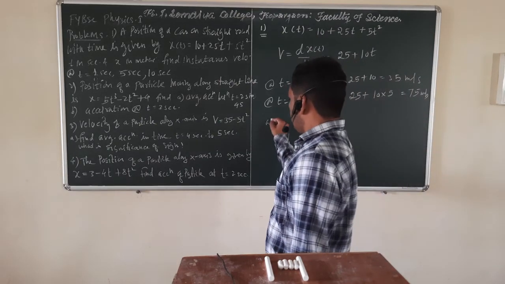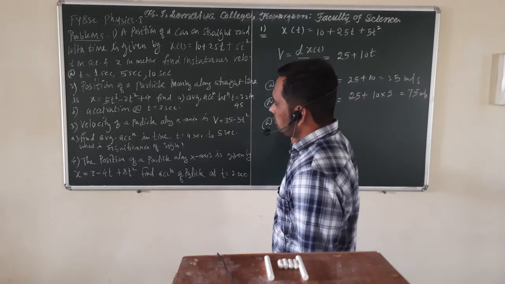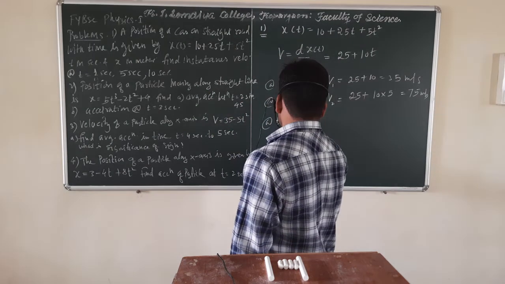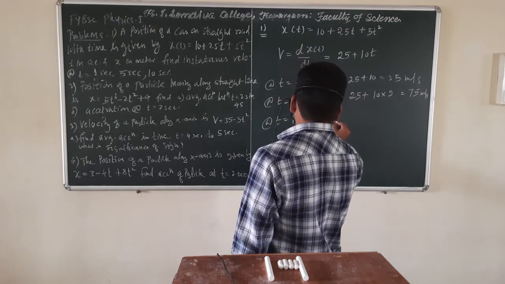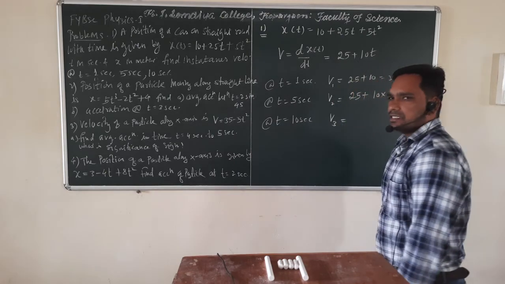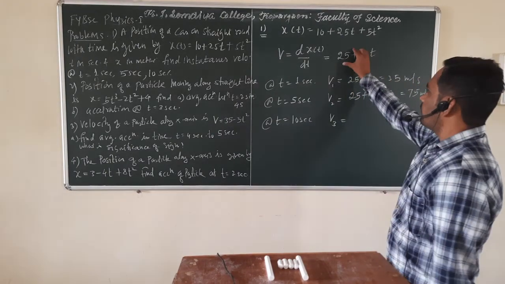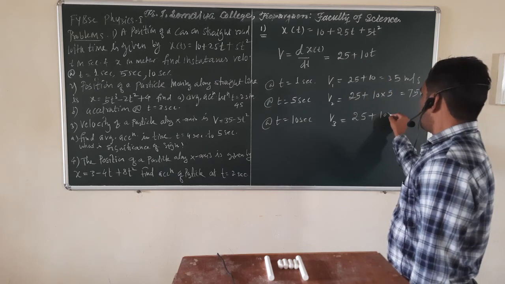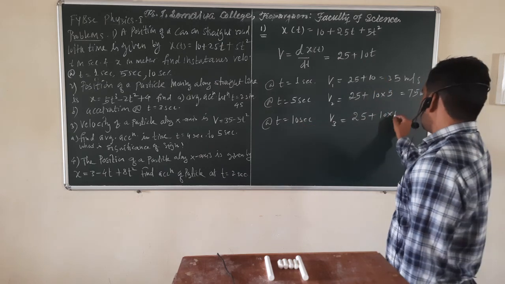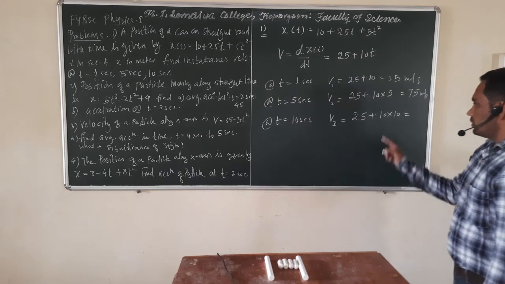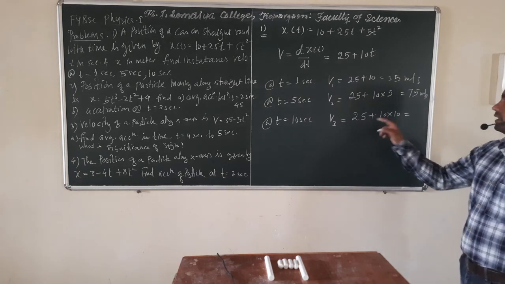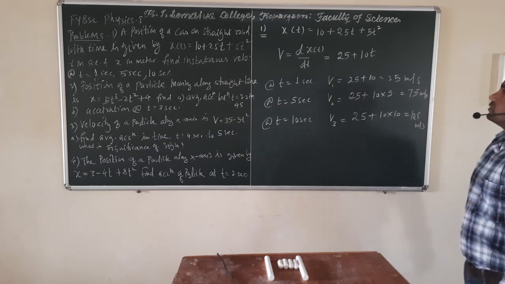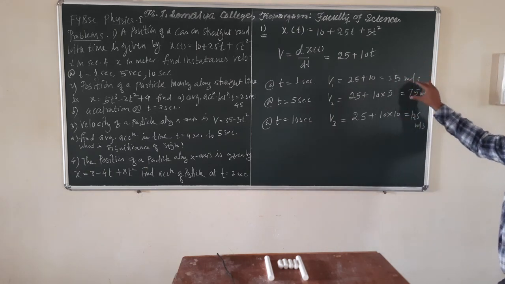And last one at t equal to 10 seconds. Now we are calling that velocity v3, which is equal to, from this equation, 25 plus 10 multiplied by t, which is 10, so 10 into 10 is 100 plus 25 is 125 meter per second. So this is the velocity at 1 second, 5 seconds and 10 seconds.